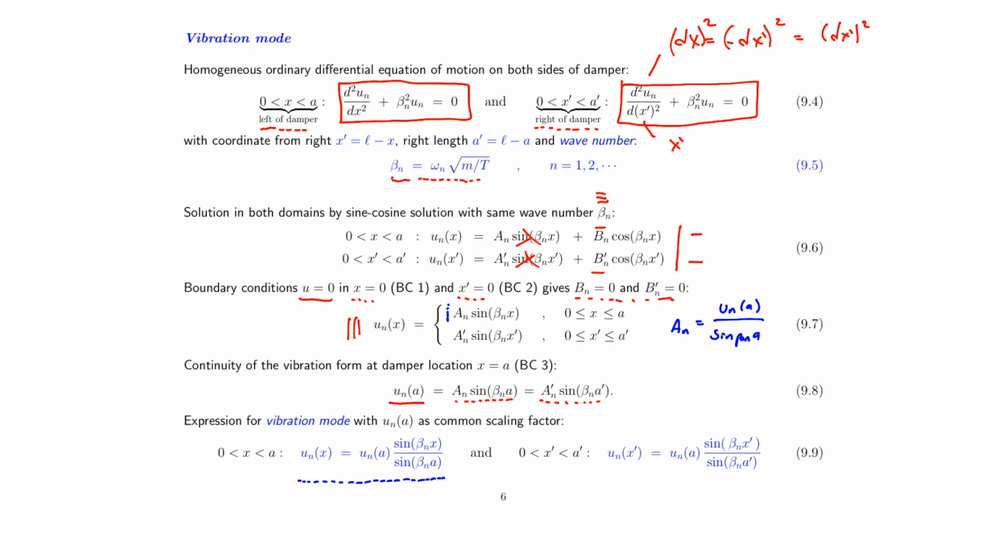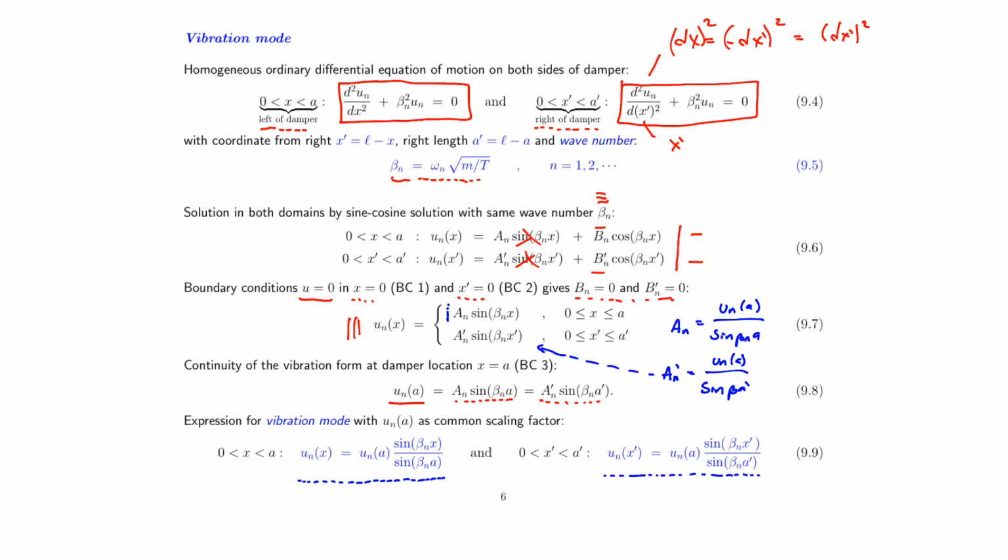From the second equality in 9.8, we get that A_n prime is given by u_n(a) divided by sine beta_n a prime. And if we substitute that into the bottom expression, the right part expression for u_n(x), then we actually get an expression as shown here in 9.9.